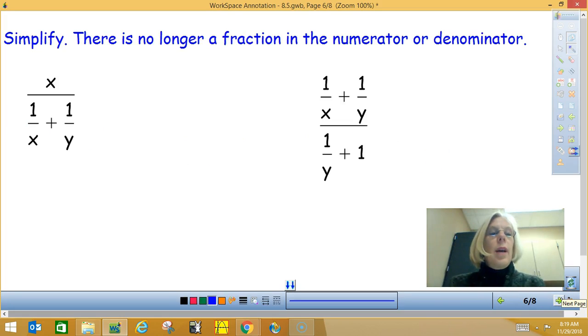Let's look at these two examples where we have variables. The idea is to simplify so that you have one fraction and there is not a fraction in either the numerator or the denominator. So in the example on the left, we have a fraction in the denominator. We need a common denominator. The common denominator will have a factor of x and y.